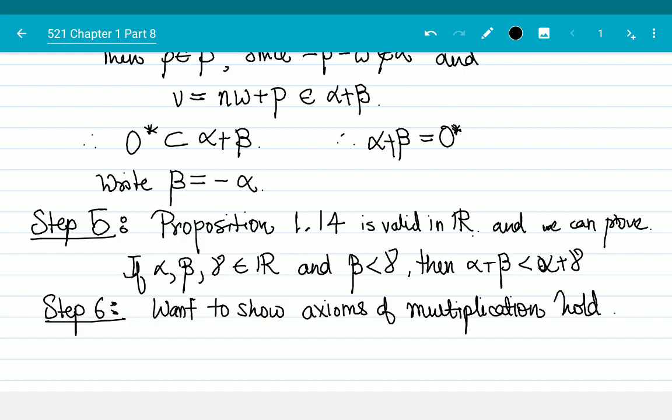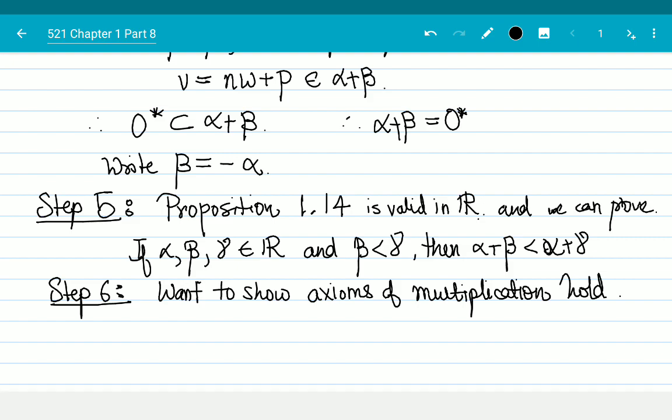Things are slightly more annoying here, because the product of negative rationals is positive. So if you take alpha times beta, and take something super negative here and super negative there, then things could go wrong.